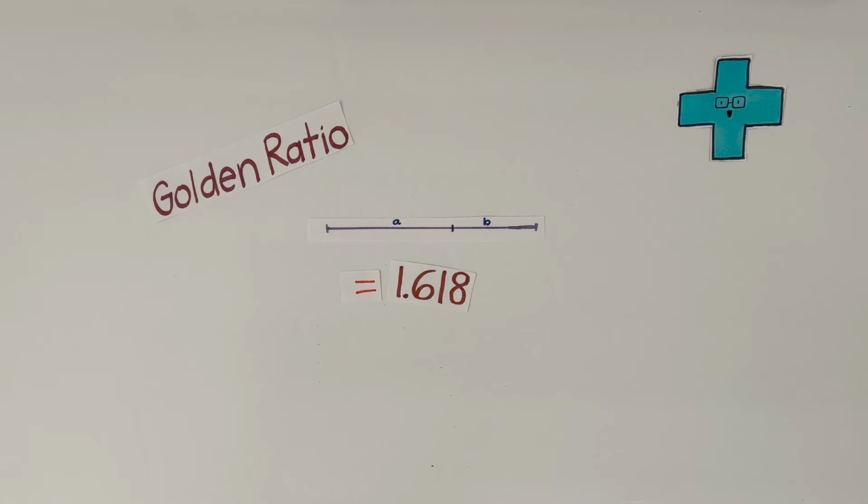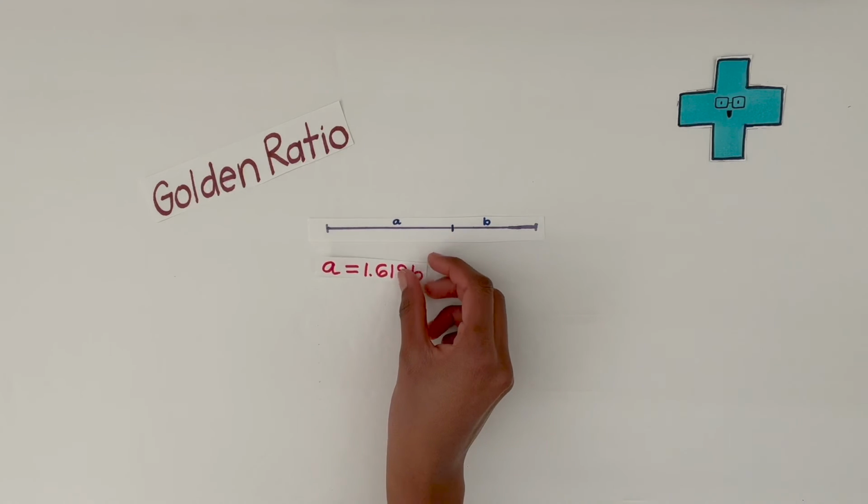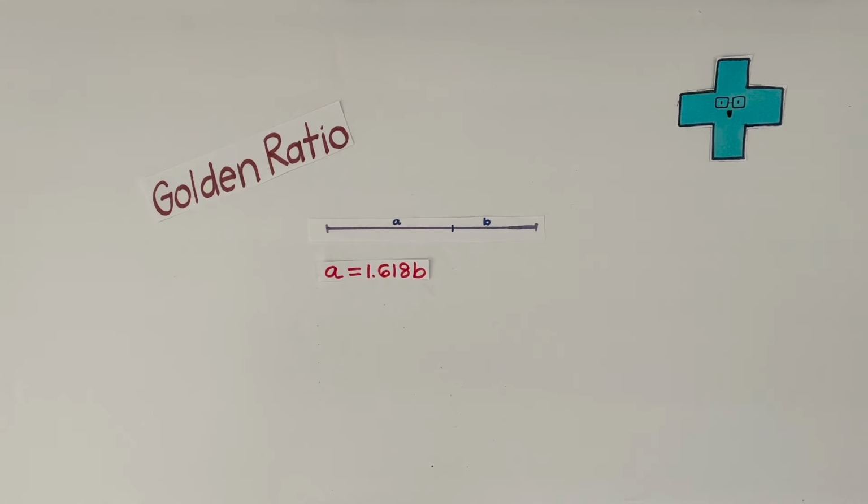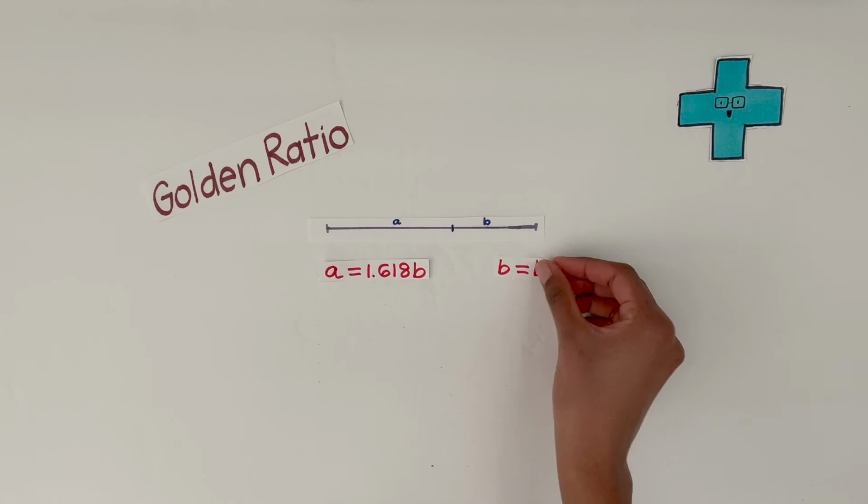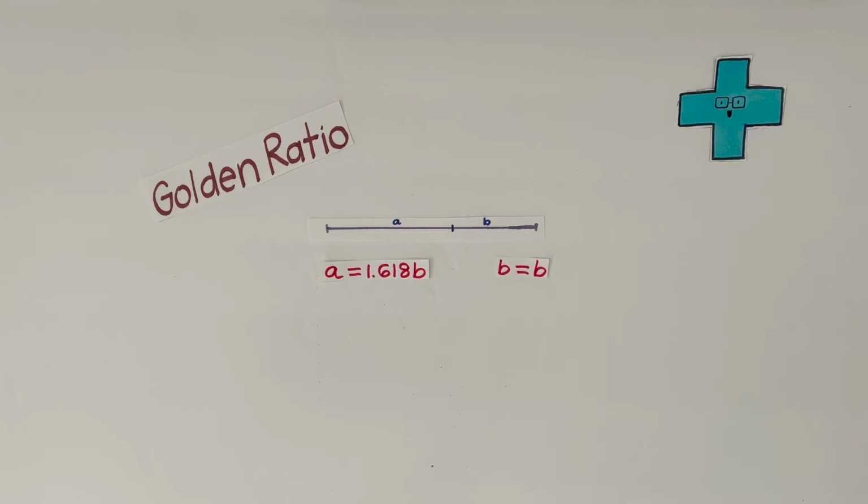But you must not believe me, so let's test this out. Since A is 1.618 times longer than B, we can write it as 1.618b. So if A equals 1.618b and B stays as B, then the total length of the line, A plus B, would equal 1.618b plus B, right?